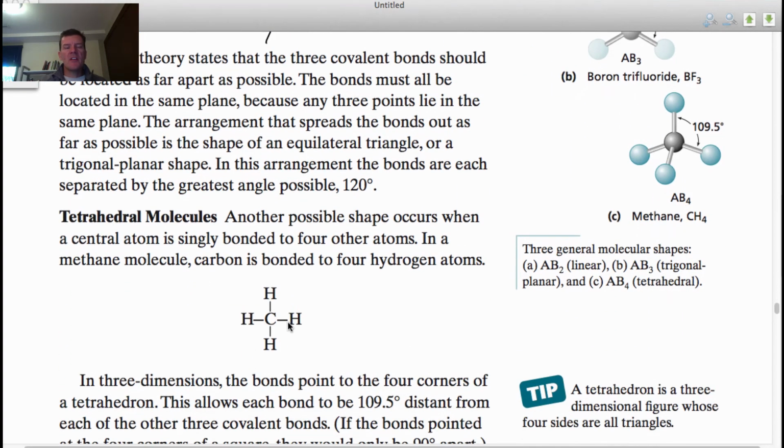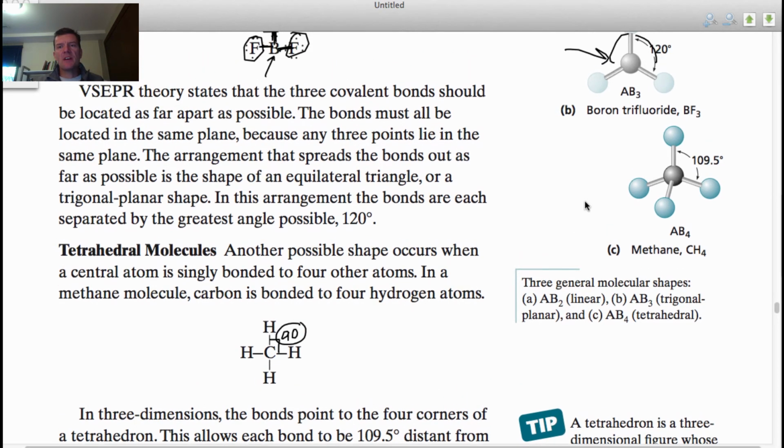And then another one here, if you've got 4, well, actually, it's not going to be 90 degrees. These aren't going to spread out on a piece of paper because they can actually go 3-dimensional now. The best way for them to spread out is not to stay flat. They would only be 90 degrees apart.